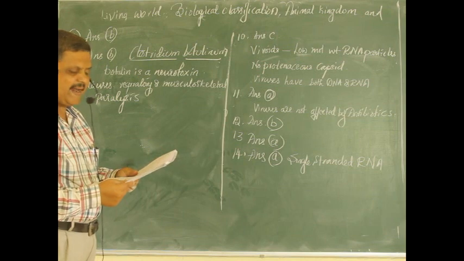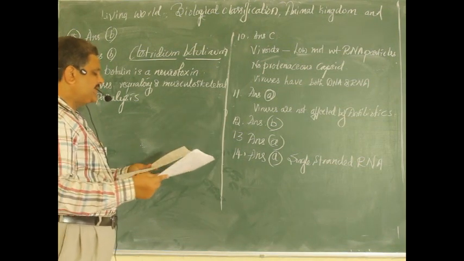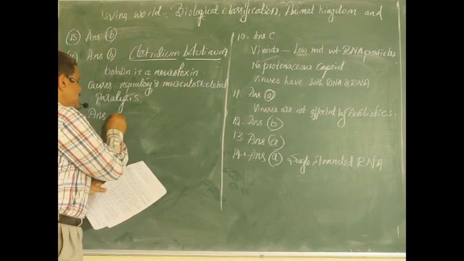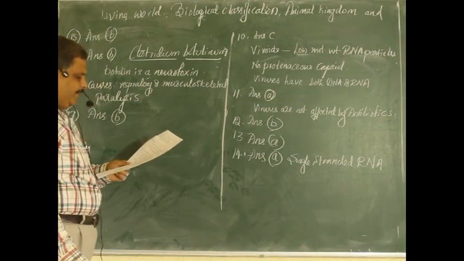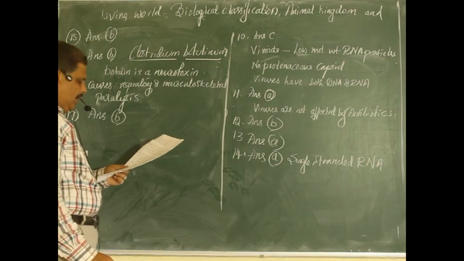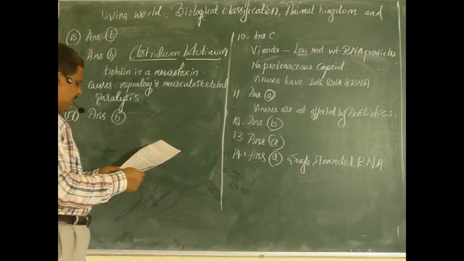Option D, pellicle is absent in euglena. The answer is option B. I think this much information is enough.